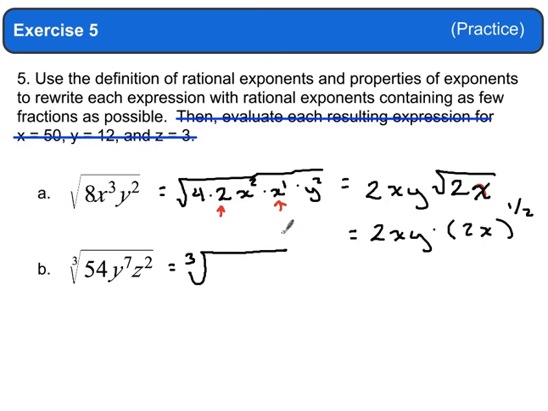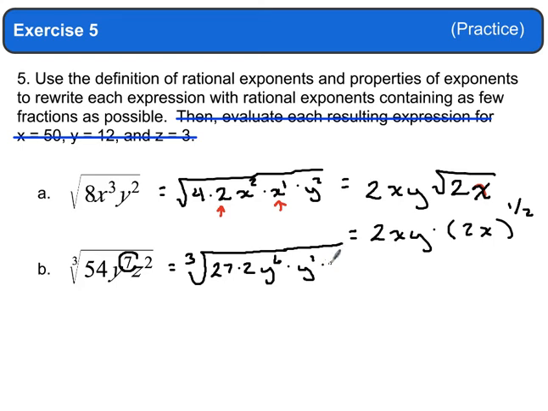I think it's a 27. 54 divided by 27, yeah. So 27 times 2. Now, because it's a cube root, we have to get something that is divisible by 3. So we're going to rewrite this as y to the 6th and y to the 1st.